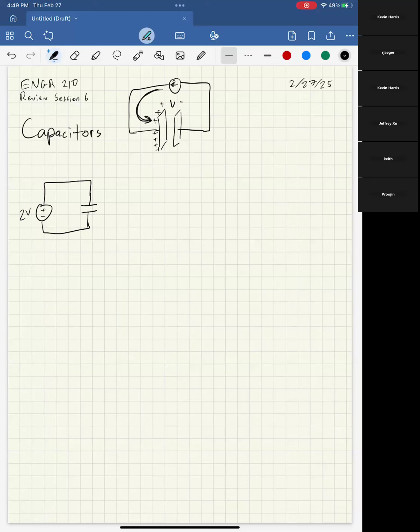When you connect a voltage source to it, let's say it started completely uncharged, current would flow into the capacitor until enough charge built on it that we had a 2-volt difference across it. You can think of the positive charges flowing out of the voltage source onto the capacitor. Of course, in reality it's electrons, but we live with the decisions of people who guessed wrong like 100 years ago.